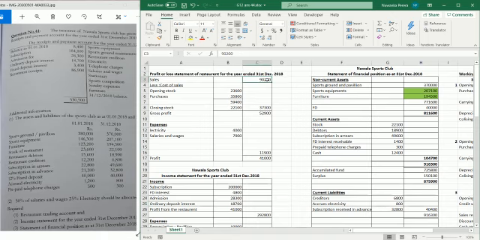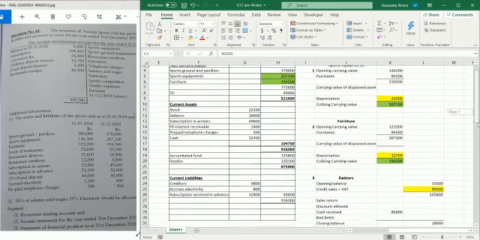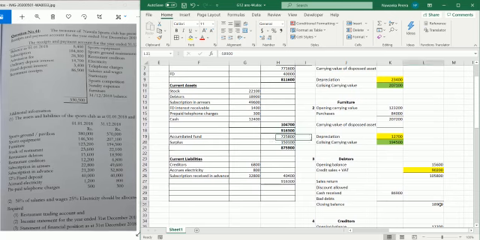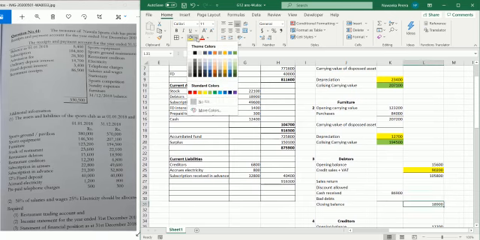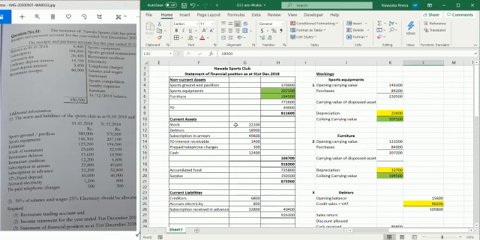Here I have recorded here, and then the closing balance of debtors, which is 18,900, is recorded in the statement of financial position under current assets.